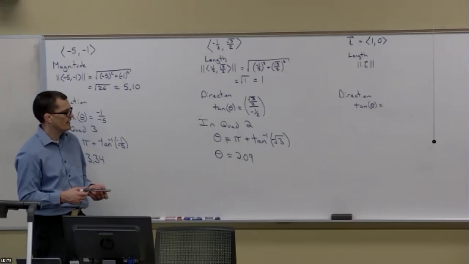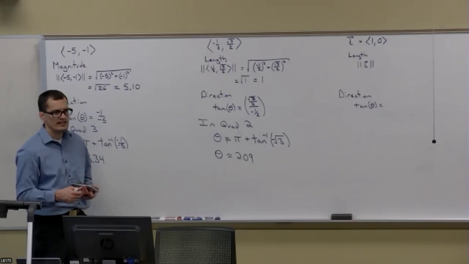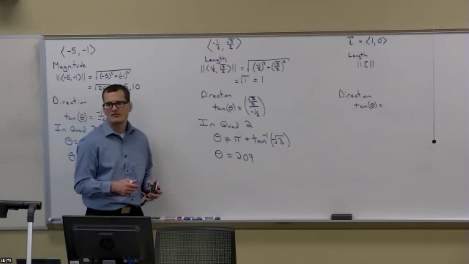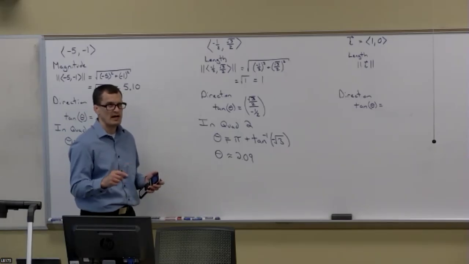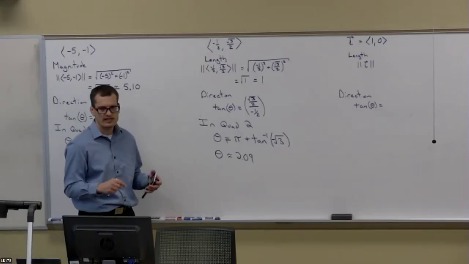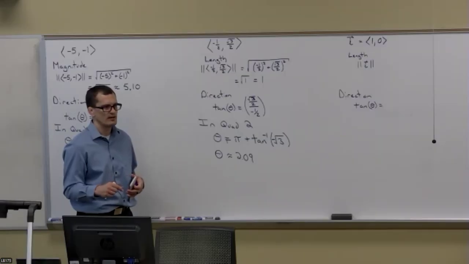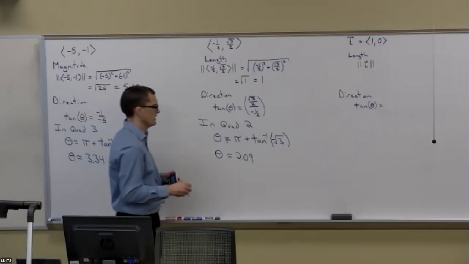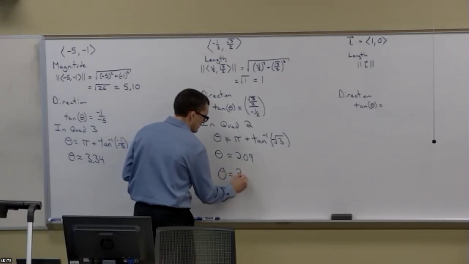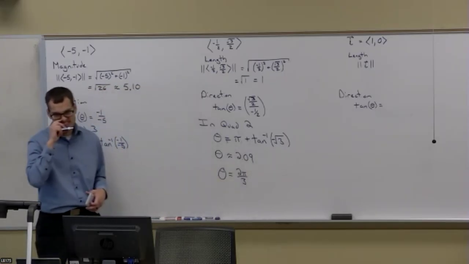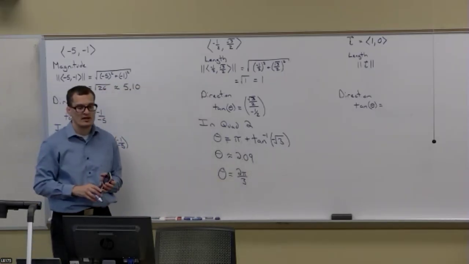By the way, if you did this in exact mode, if you look this up on the unit circle, it would be 4 pi over 6 radians, or 2 pi over 3 radians if you did that in exact mode. Okay.